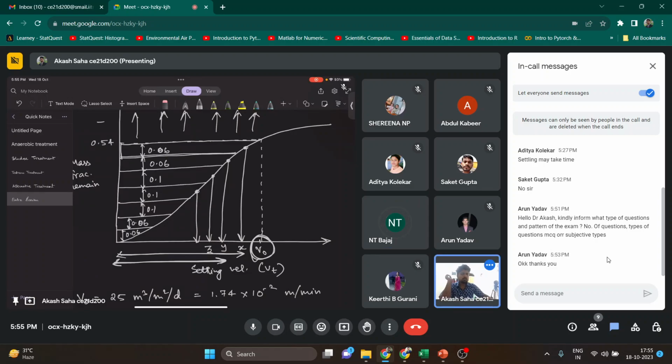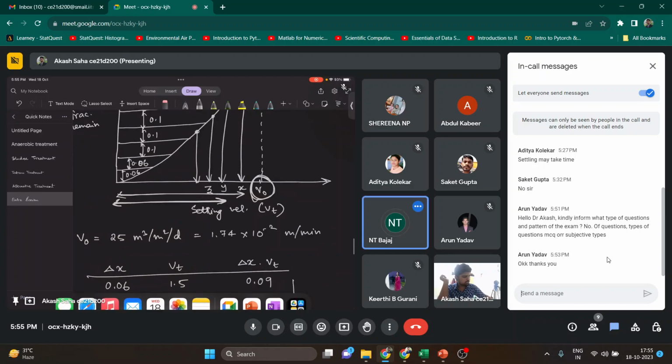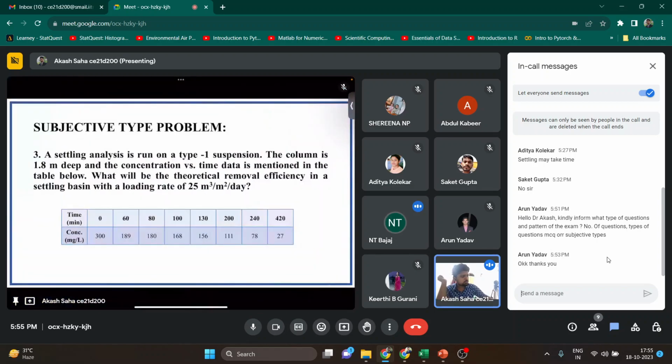See, it is in the question. I will open the question once more. In the question, it is given: what will be the theoretical removal efficiency in a settling basin with a loading rate of 25 meter cube per meter square per day. So this 25 meter cube per meter square per day is the surface overflow rate. If the settling velocity is equal to my surface overflow rate, 100% of the particles will get removed.